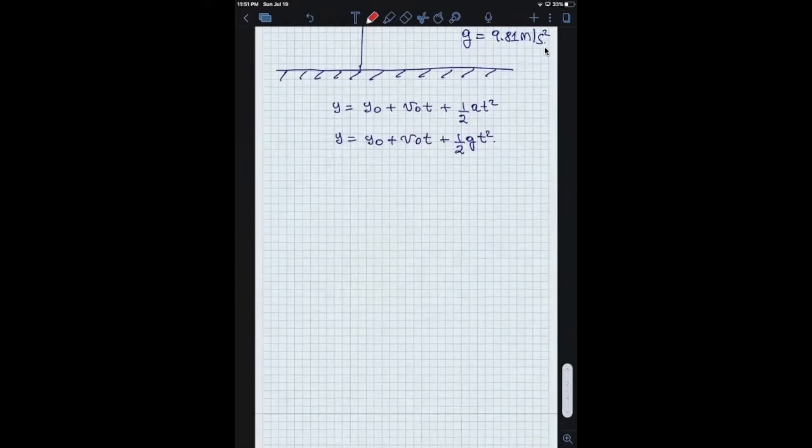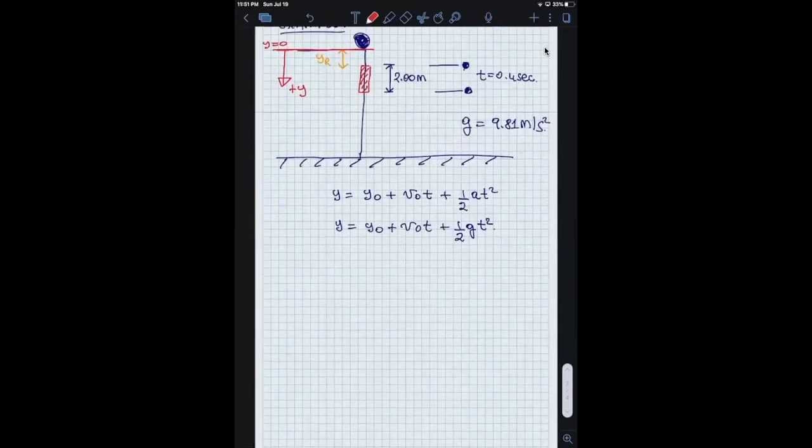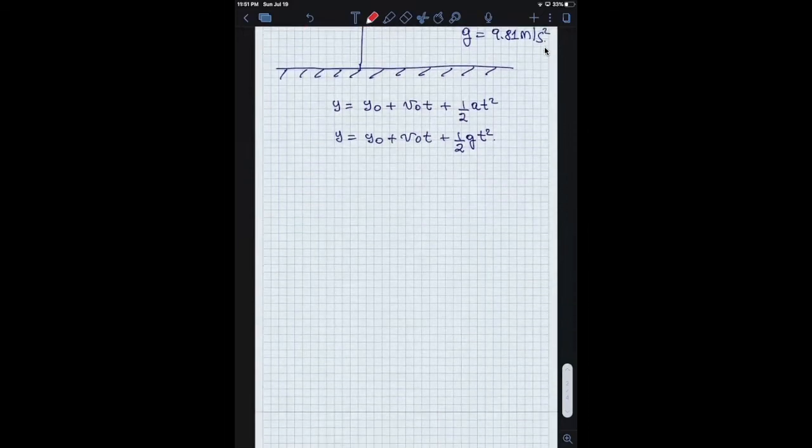So I'm going to use red to signify the region from the top of the window to the bottom of the window. Okay, so I'm going to use this formula right here again. I'm going to write it again: y is equal to y naught plus v naught t plus 1/2 g t squared. I'm going to write it as y minus y naught is equal to v naught t plus 1/2 g t squared.